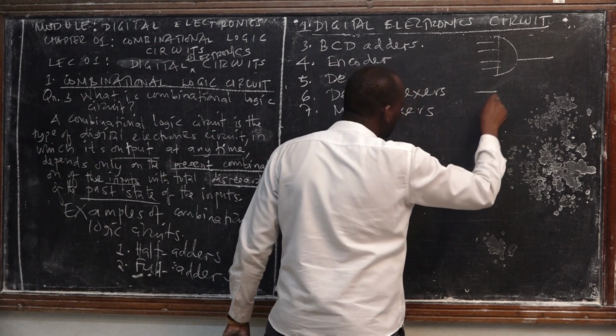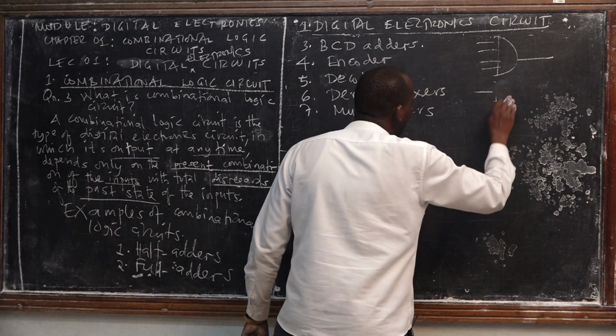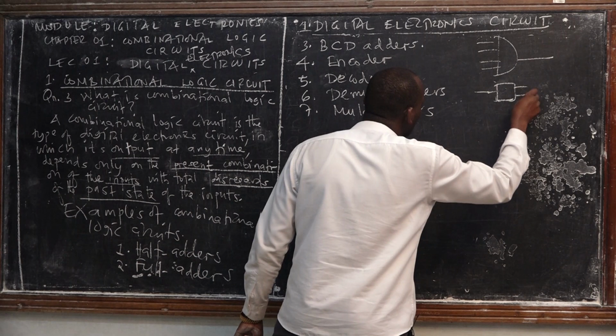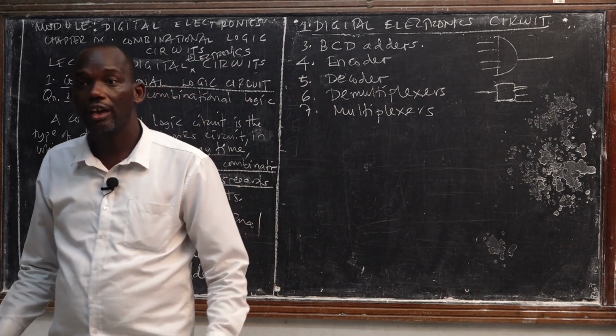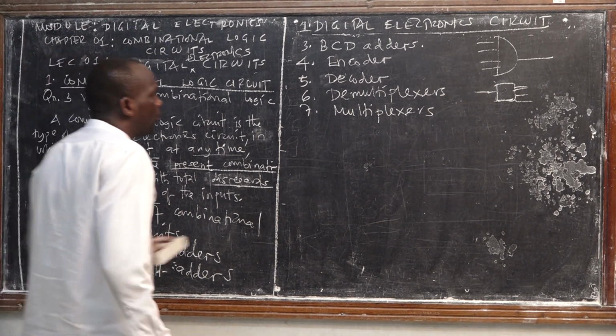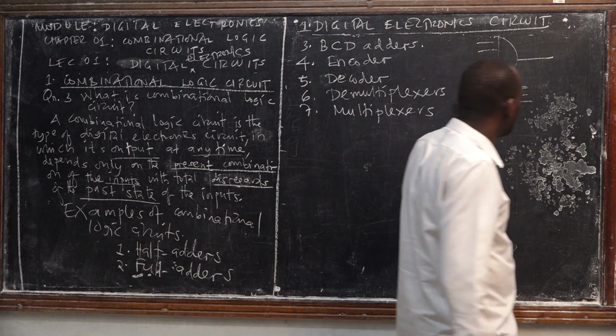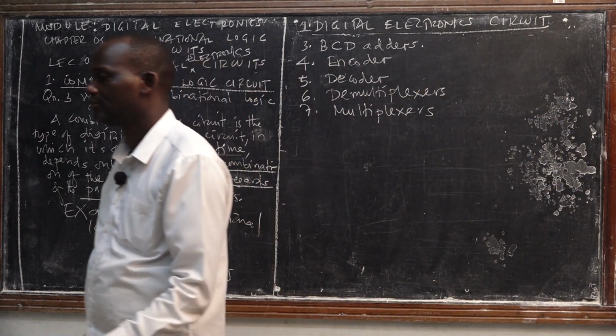It receives a single input which actually contains different signals and gives different outputs. So we are using them in television transmission, in television reception, and also in cellular communication.